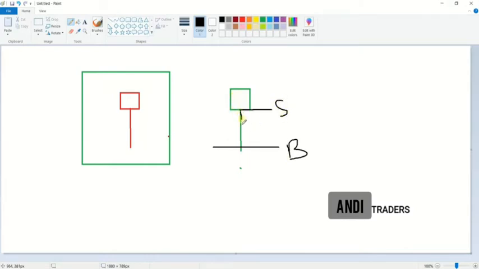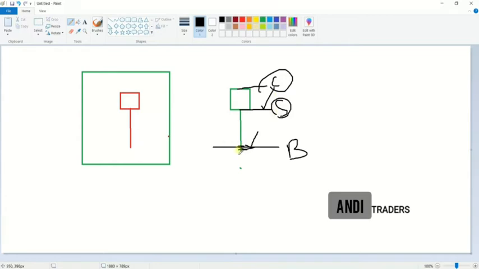You can see from this level sellers enter, and again buyers reject to this level. So this is the closing point of this candle.